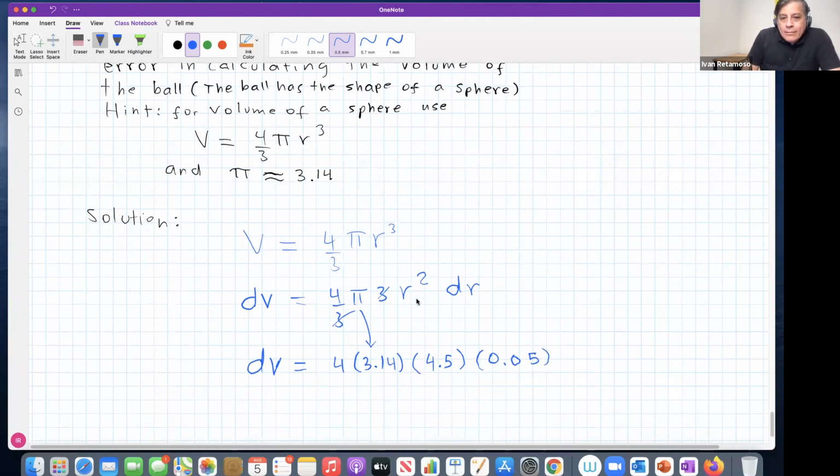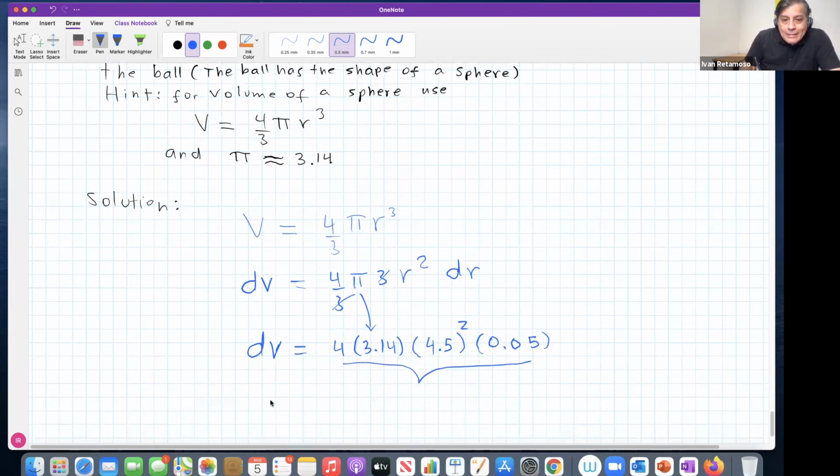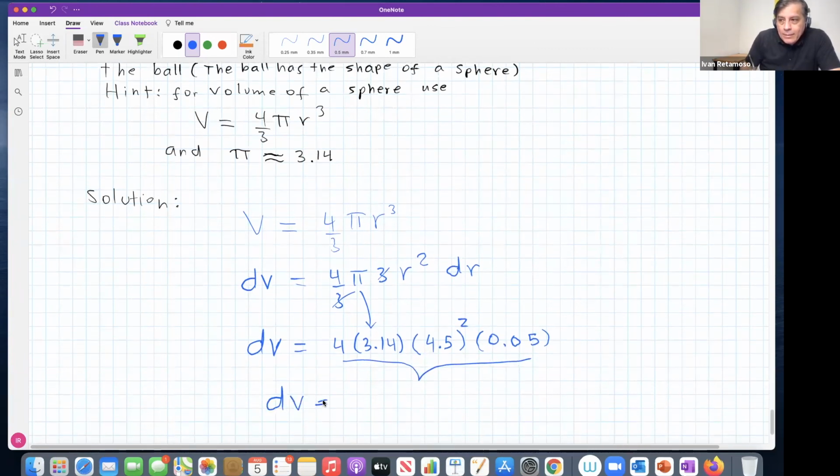And that's all. Then simply, don't forget the square of this. Simply multiply all this in your calculator, and this dV is going to be the maximum error possible for the manufacturing of this ball, based on the maximum error for the radius.